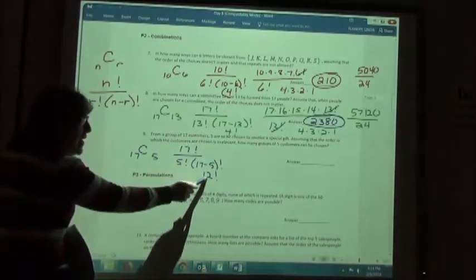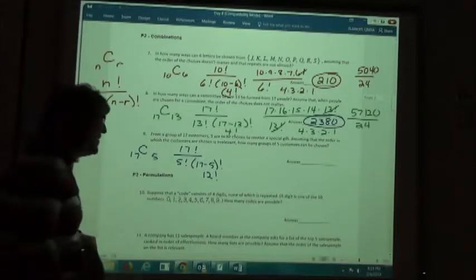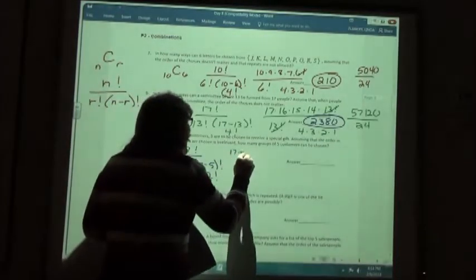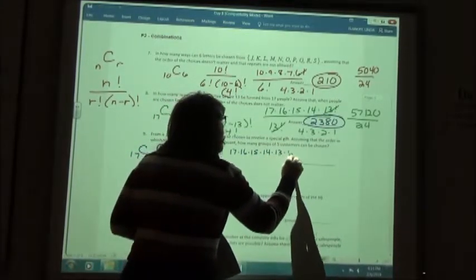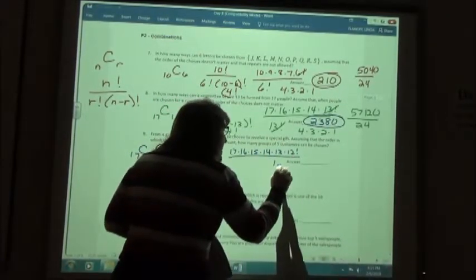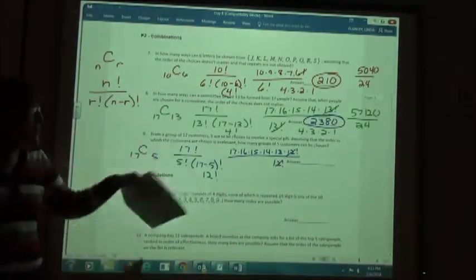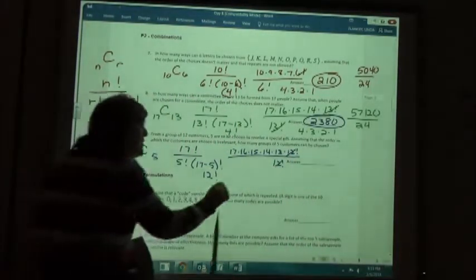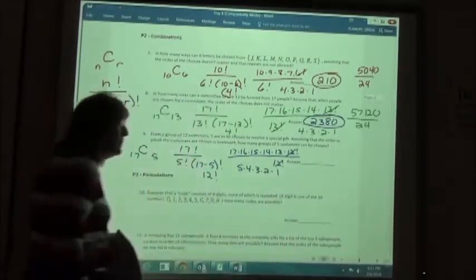I would go down to the 12 and cancel it out, because that's easier than going down to the 5. So 17, 16, 15, 14, 13, and then my 12 factorial is going to cancel out. I still have the 5 factorial, which means on the bottom, 5, 4, 3, 2, 1.